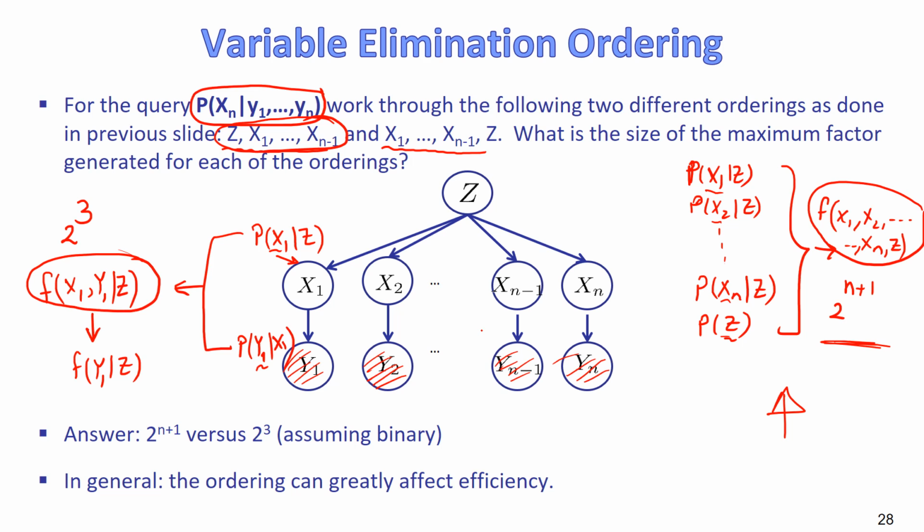Now, just to give you an intuition of why that happened, why when we removed z, we got this big factor, but when we removed x1, we didn't get that big factor. When you remove z, actually, before you remove z, all the x's here were conditionally independent given z. But if you remove z, they suddenly become related to each other.